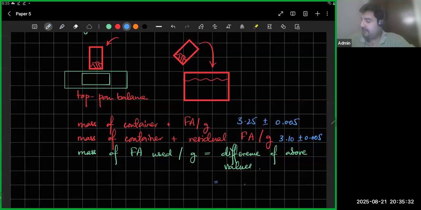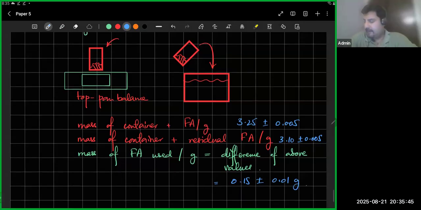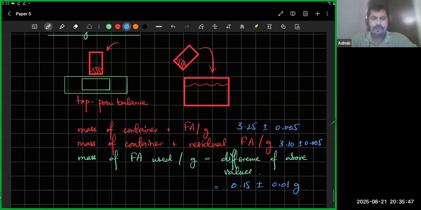Now the final value is 3.25 minus 3.10, which gives me 0.15, and the error adds up and is 0.01 grams. So make sure when you take the difference of two values, the errors add up.